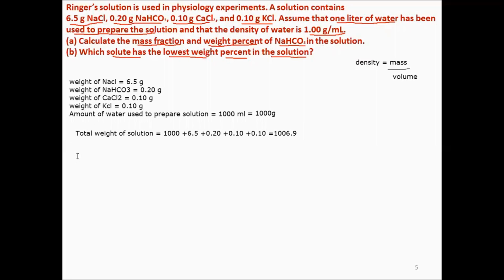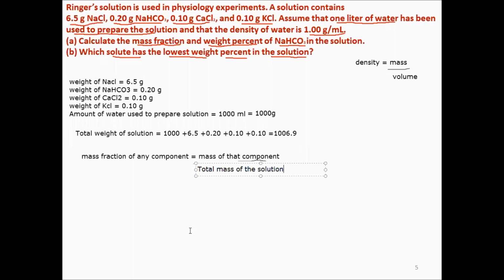Mass fraction of any component is equal to the mass of that component, by definition, divided by the total mass of all the components.